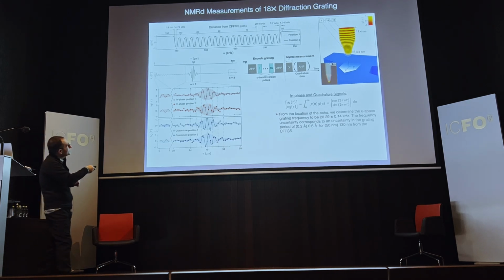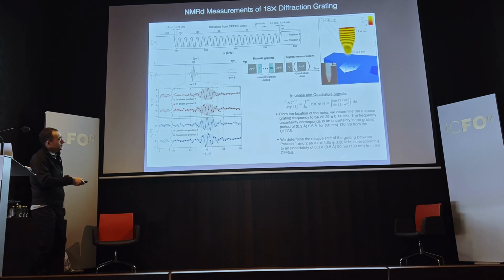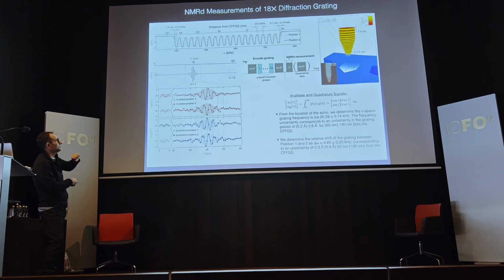So again, you measure the diffraction signal, and notice that you very clearly see the phase shift in the signal because of the spatial shift of this grating. And from that, you can back out the absolute position of the grating in space with a precision of 0.3 angstroms near the tip and 0.8 angstroms in the back.